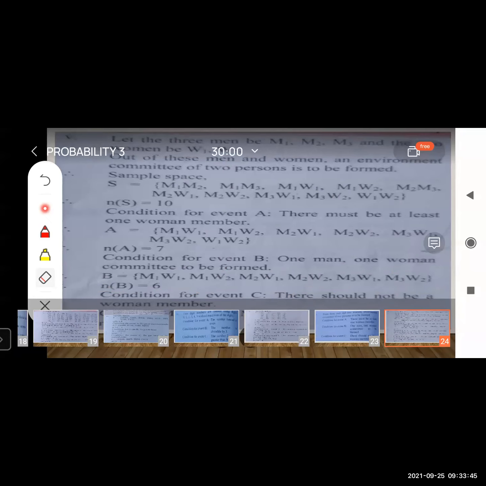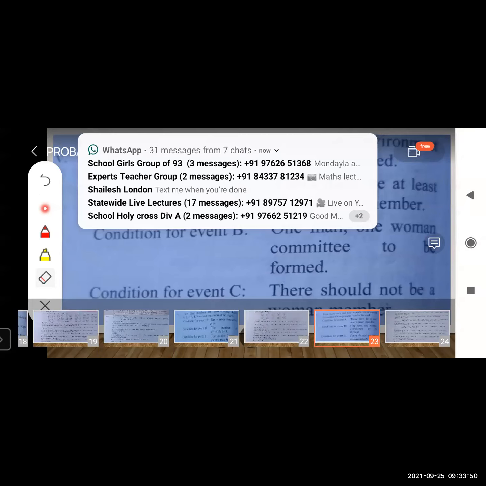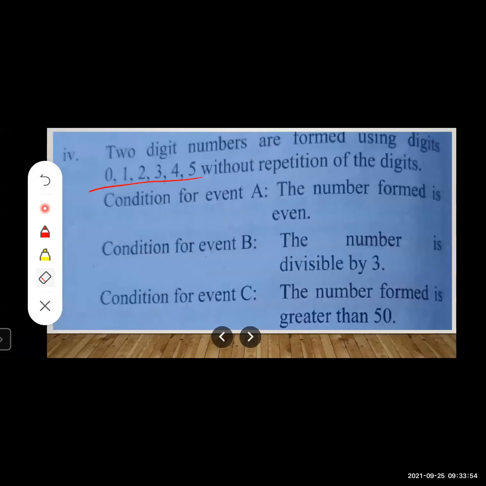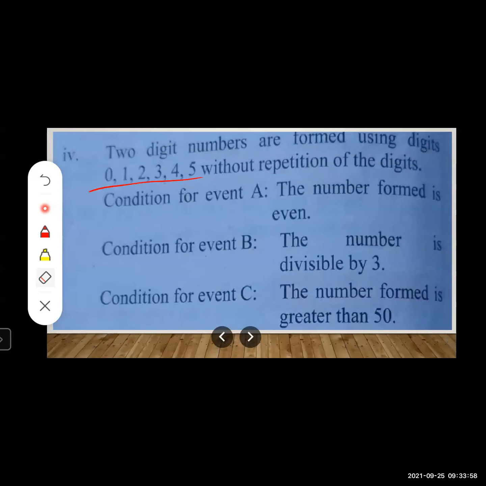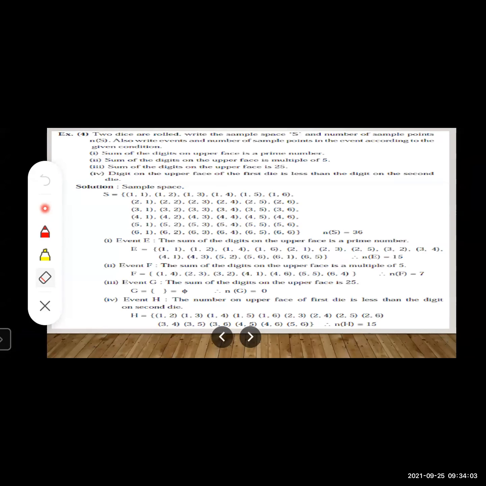Okay, students. Now today what have we seen?